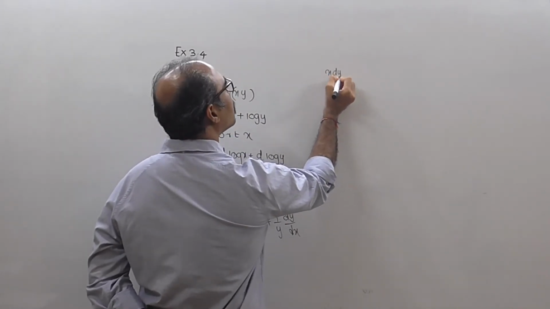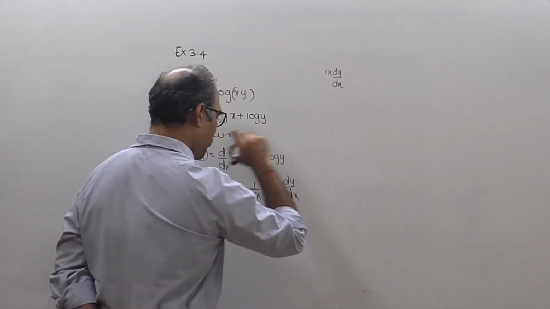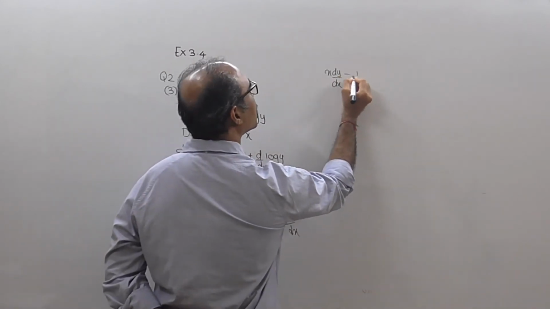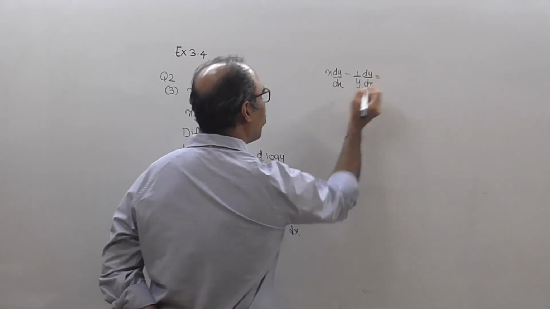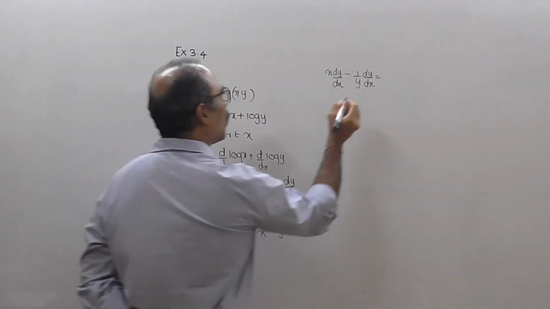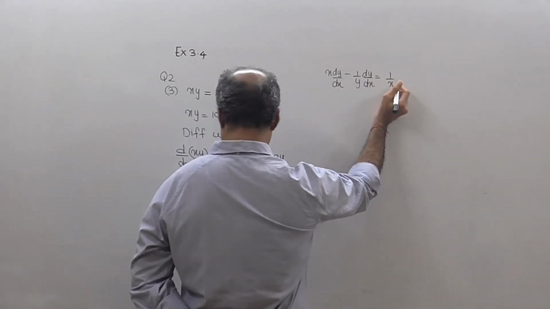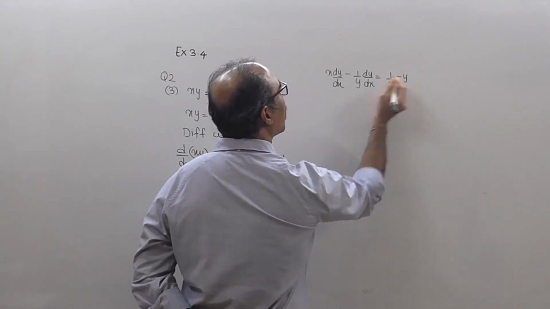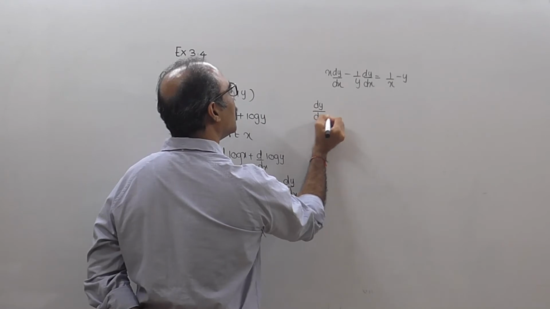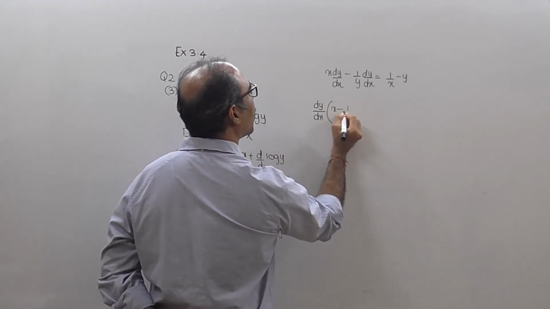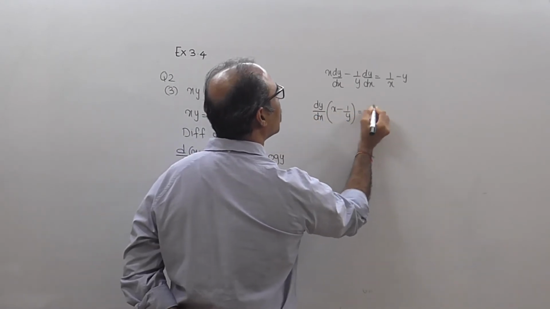So we have x dy by dx minus 1 upon y dy by dx. Get all dy by dx terms on one side. Non dy by dx terms you keep on the right. You get this as minus y. Take dy by dx common. You get x minus 1 upon y.